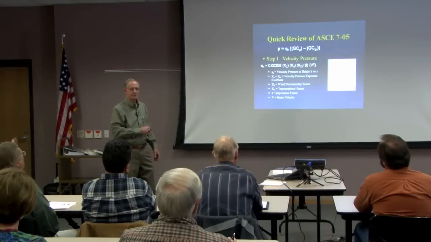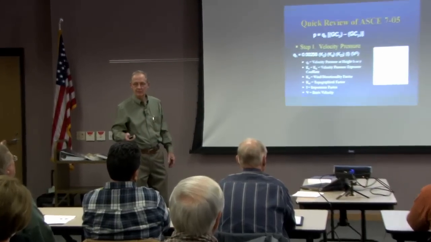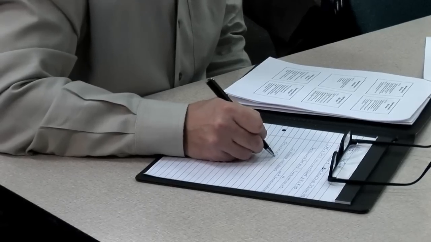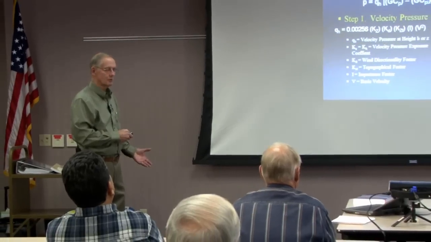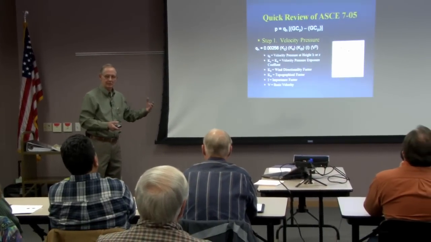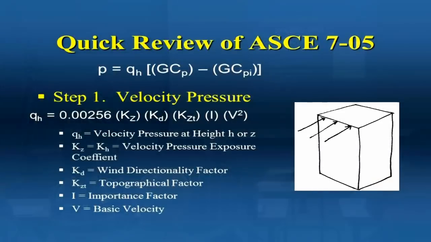Most of the changes in ASCE 7-10 occur in this area, which is velocity pressure. Now, velocity pressure is going to be a constant times the exposure coefficient times the directional coefficient times the coefficient that adjusts for terrain, unusual terrains like being on a cliff or an isolated hill, times an importance factor times velocity squared.